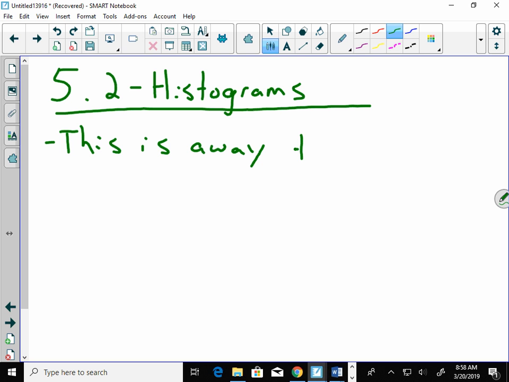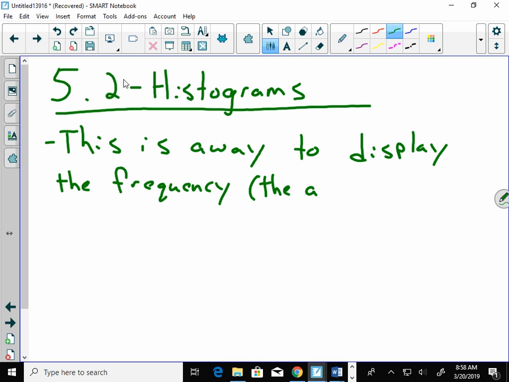So this is a way to display frequency, and by frequency I mean the amount of times an event has occurred.